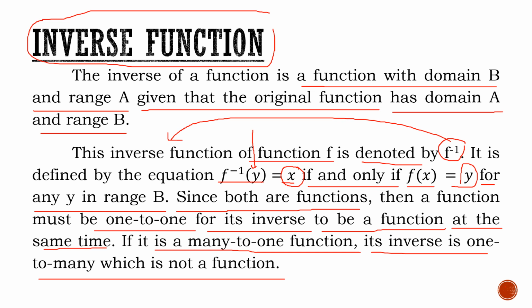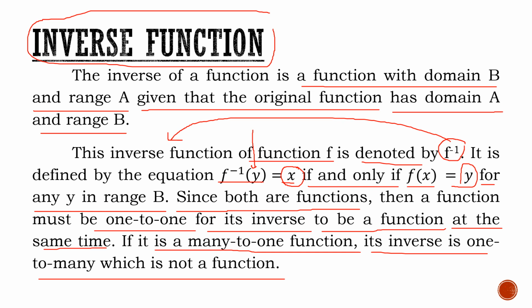Now, if we take the inverse of this many-to-one function, you will come up with the one-to-many relationship between your x and y variables, which is not a function because there is a repetition now in your x values.